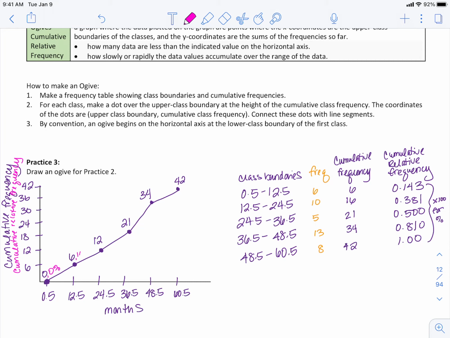You could have 14%. This would be 38%, 50%, 81%, and 100%. Again, you can list either the cumulative frequency or the cumulative relative frequency. Okay.